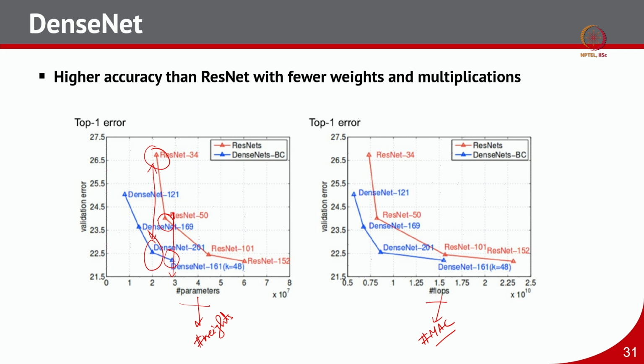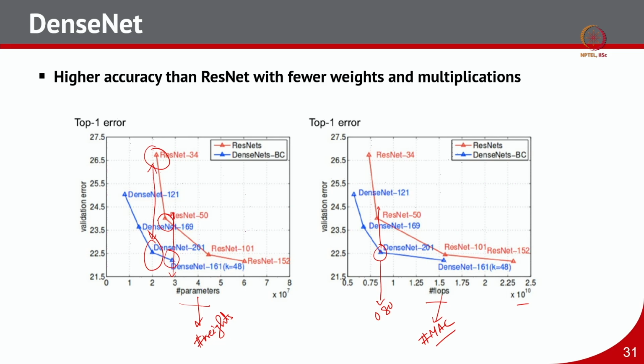Now, if we see in terms of the number of floating point operations, then also at the same number of floating point operations, let us say around this point, which is probably around 0.80 into 10 to the power 10 floating point operations, ResNet 50 has higher validation error than DenseNet 201, right.